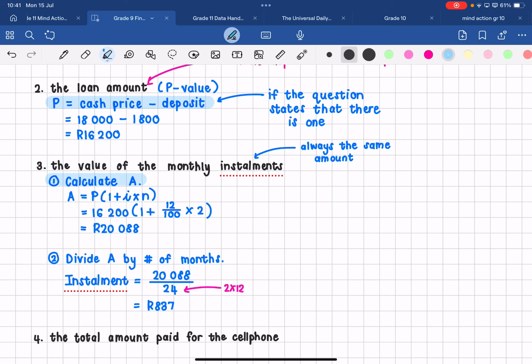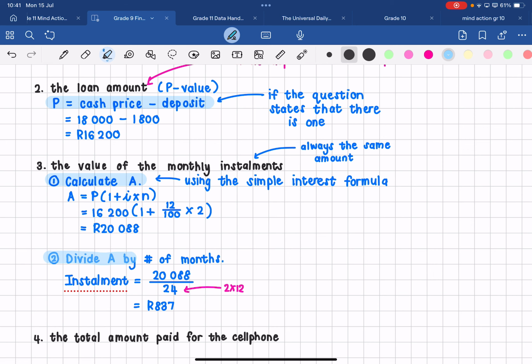Firstly, you are going to calculate A, and you are going to calculate A using the simple interest formula. Remember, hire purchase is always simple interest. Okay, so that's always going to be your first step.